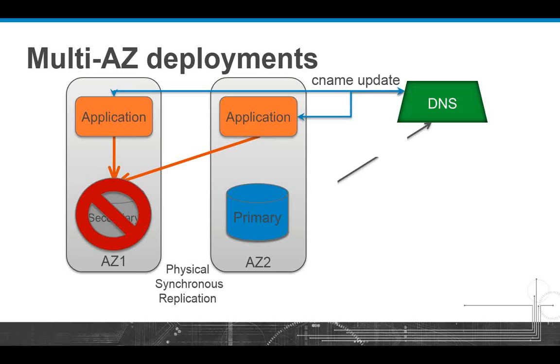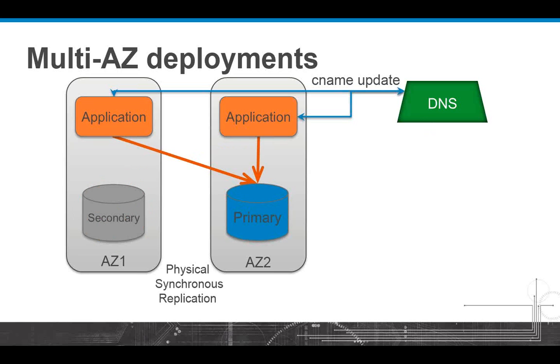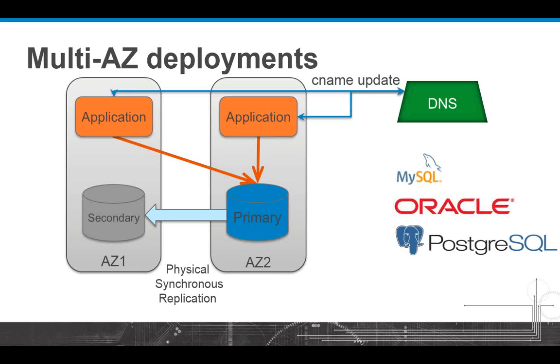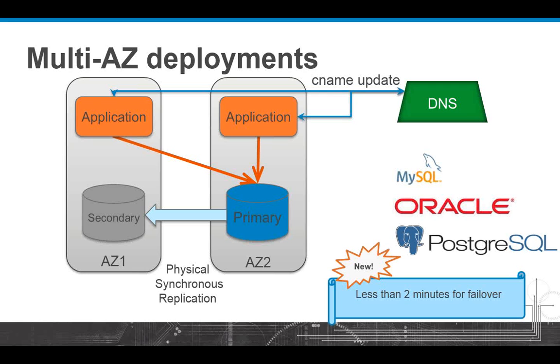So without making any changes in your application logic, you're able to resume updates to your database. And once that is done, we also ensure that you return to your pre-failure configuration mode, which means we'll have a secondary instance in a different availability zone as well. This configuration is available for MySQL, Oracle, and PostgreSQL.